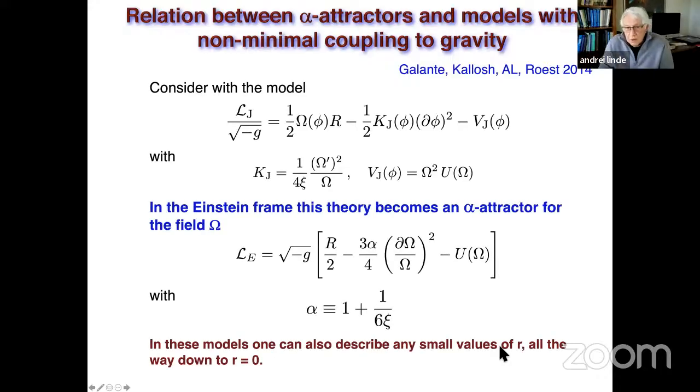This slide actually describes the construction which we had. If we have a general coupling term to R, and a general kinetic term for the scalar field phi, and we impose some conditions on how you construct these terms, then they exactly reproduce alpha attractors.